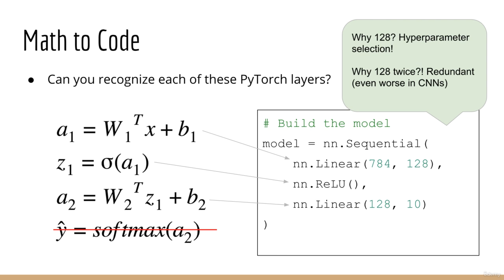You might also notice that, oddly, I had to specify the number 128 twice. This makes sense because if the output of the first layer is 128, and that's the input to the next layer, then the next layer must also have input size 128. But it also does not make sense in the sense that this is totally redundant. For example, in TensorFlow 2 or Keras, you only have to specify this number once.